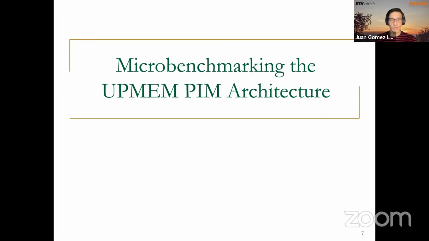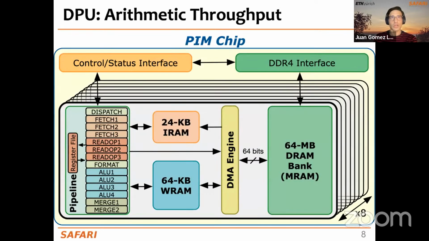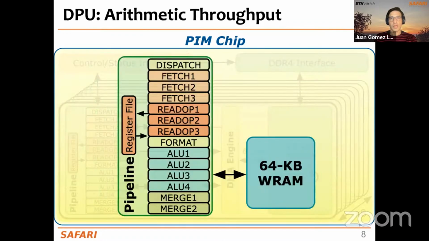In the end, what we are going to do here is measure these basic characteristics, such as the arithmetic throughput or the bandwidth to the 2 main memory spaces that we can use for data and for operands. So we are going to start exactly with the arithmetic throughput that the DPU pipeline can achieve.